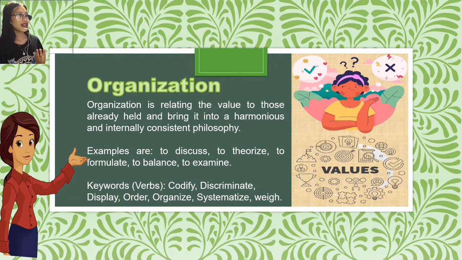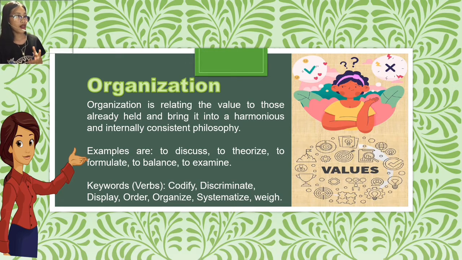As they organize their values, the learners decide what is most important and what is least important. For instance, at this phase, they will decide whether to pursue their careers or their passion. In this way, they create their own unique value system.